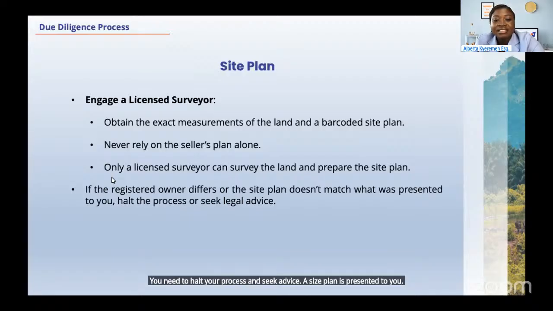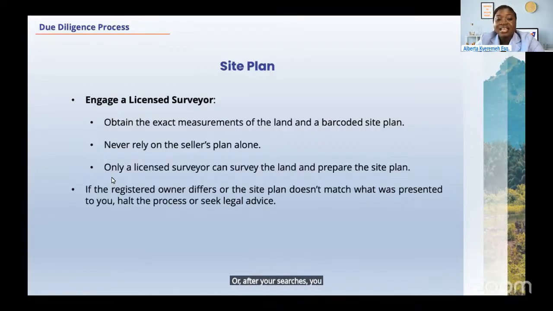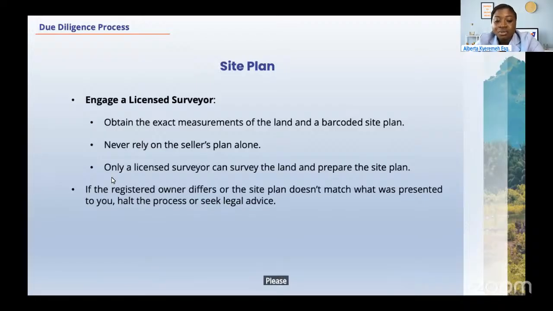You have a licensed surveyor pick the measurements and prepare a barcoded site plan for you, and you realize discrepancies between what the surveyor has presented and what was given to you. Or after your searches, you realize that the registered owner in the search results is different from the owner that was presented to you. Please halt your process and seek legal advice.